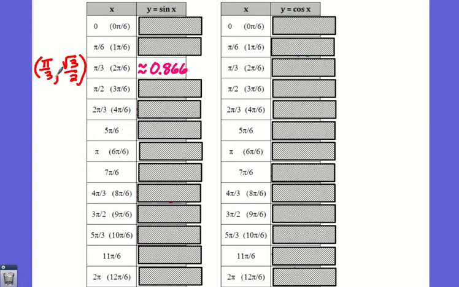But when you go to actually graph this, where is this point? Where is pi over 3? And where exactly is root 3 over 2? Well, the root 3 over 2 part, you might as well just approximate that decimal, because it's going to be much easier to sketch the y-coordinate of 0.866 than root 3 over 2.